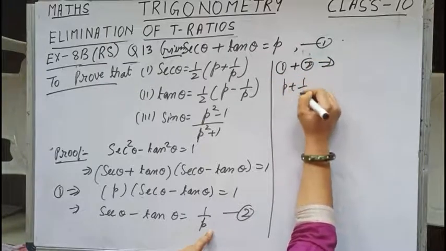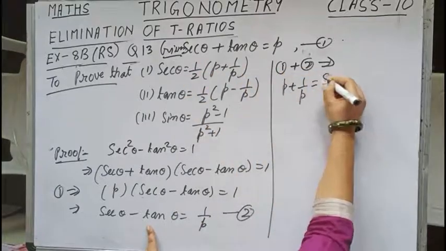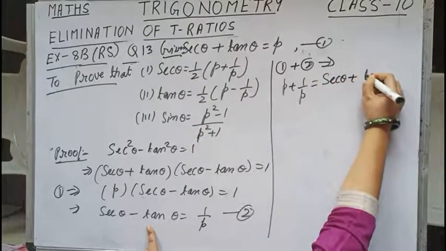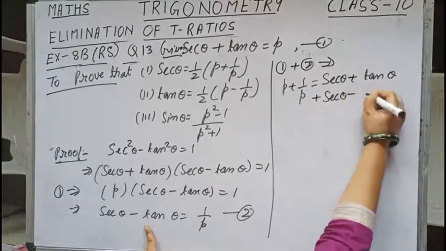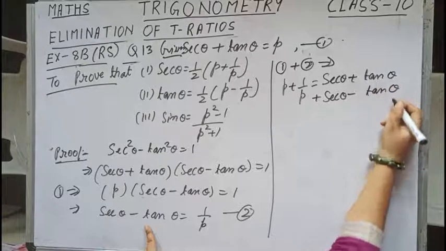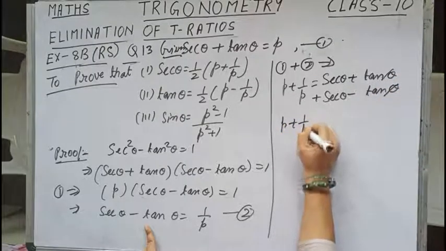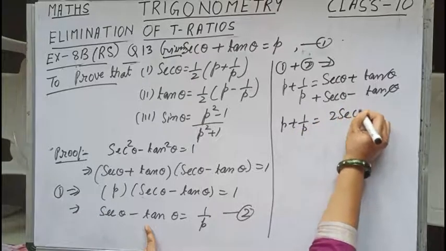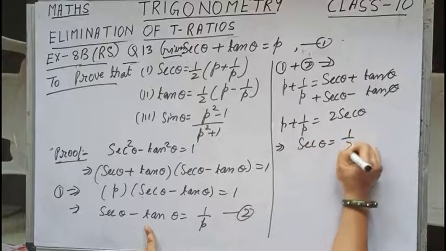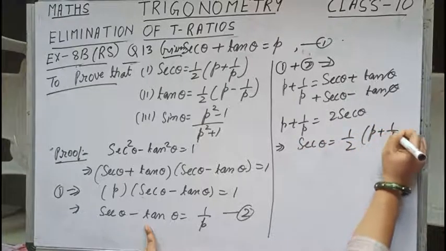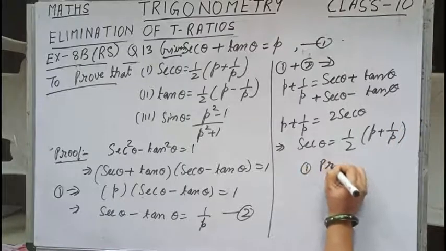So p plus 1 by p will be equal to sec theta plus tan theta plus sec theta minus tan theta. So this tan theta will be cancelled. So we are getting p plus 1 by p equals 2 sec theta, implies sec theta equals 1 by 2 into p plus 1 by p. And this is number 1 proved.